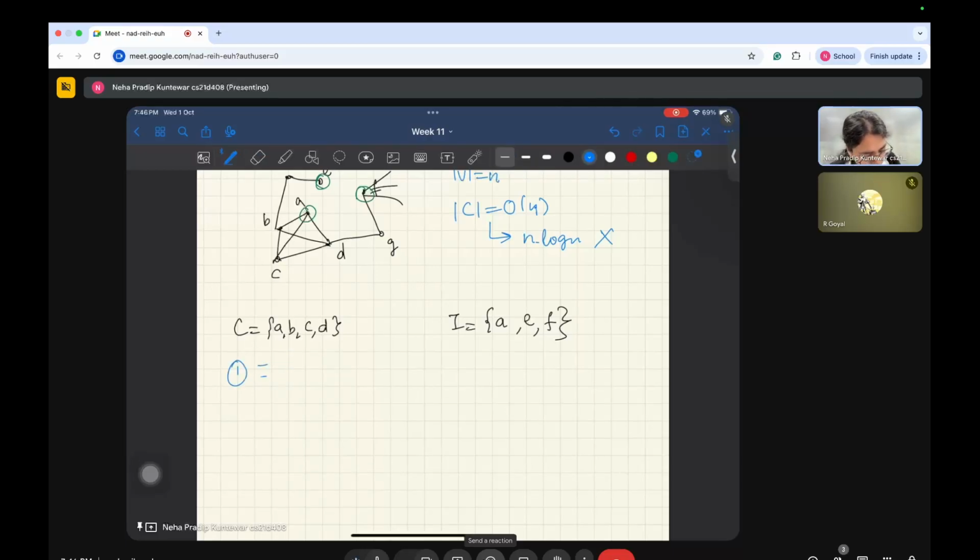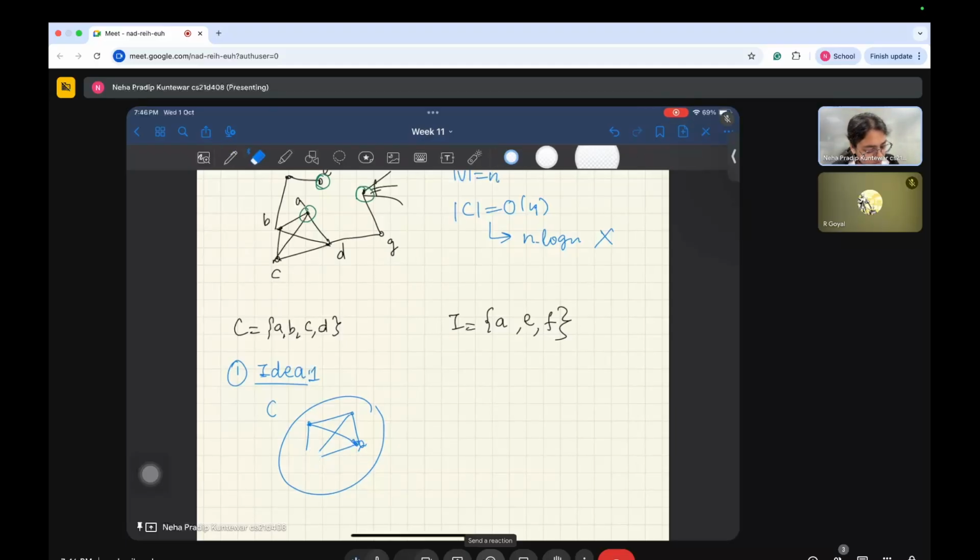So the first one is that if Alice gets some click, let's say this was the largest click, and there's no extension. This is maximal in that sense. It may not be maximum, but it's a maximal click, so you can't increase its size by adding more vertices into the set.